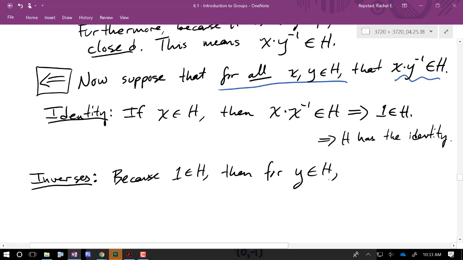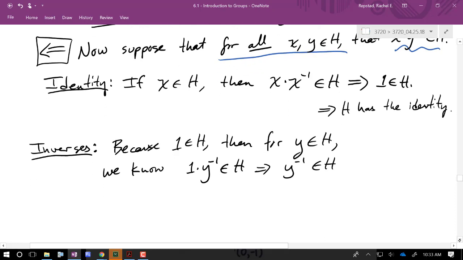This is my assumption that no matter which two I pick, that product, x times y inverse, will be in H. I'm going to use that now for 1 and y. And of course, if I multiply anything by the identity, I just get itself right back. So this means that y inverse is in H.